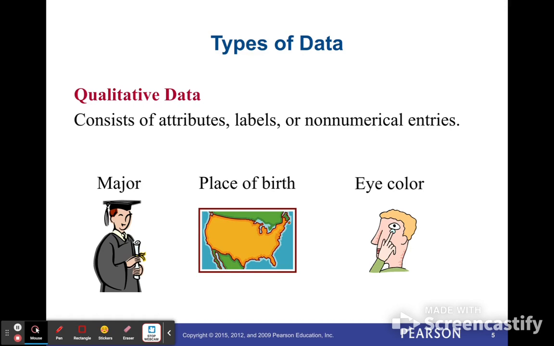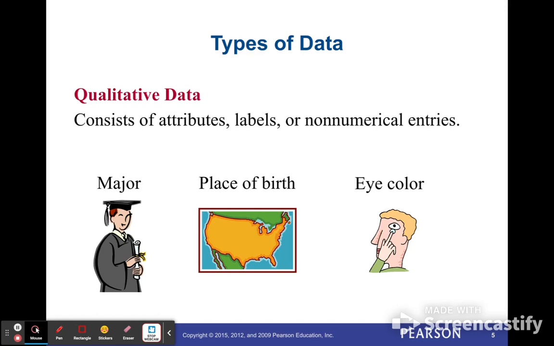For example, one type of data would be your college major. If you ask your college student what the major is, you get a lot of labels: I want to major in nursing, in education, in engineering, in business. It gives back a label.